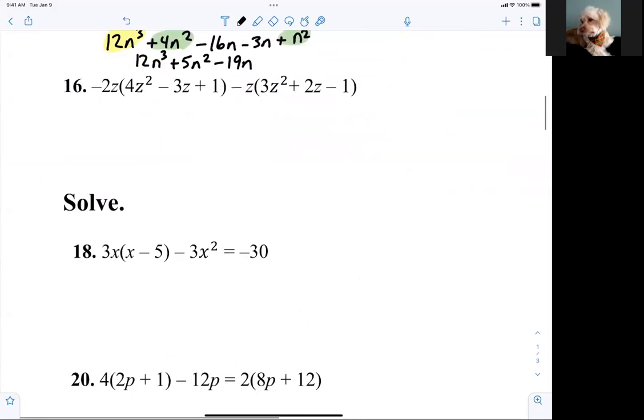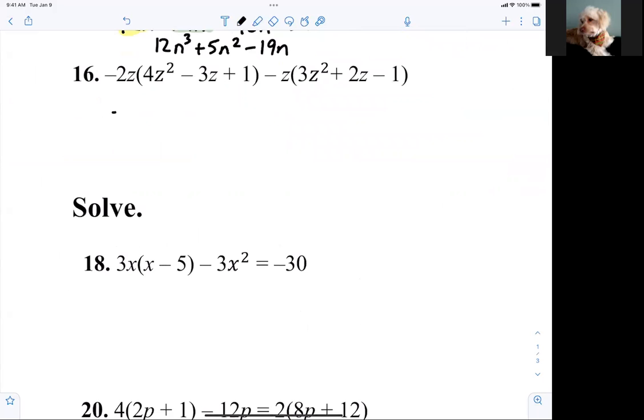All right, Tyler, go. Negative 8z cubed plus 6z squared minus 2z minus 3z cubed minus 2z squared plus z.